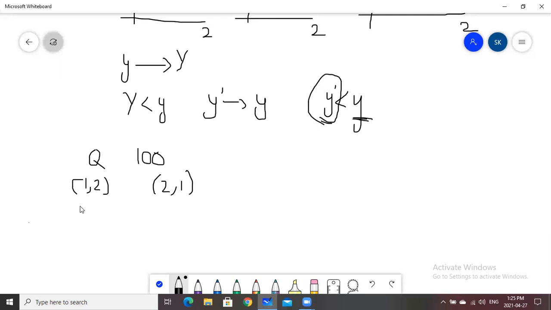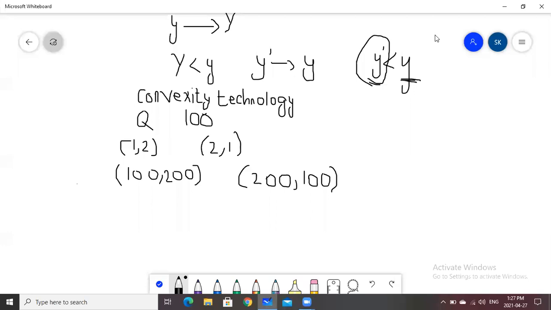Multiplying by 100, our input vectors become 100, comma 200, and 200, comma 100. So in this process of replication, 100, 200 and 200, 100 are the vectors for 100 units, because we have multiplied both 1, 2 and 2, 1 by 100.